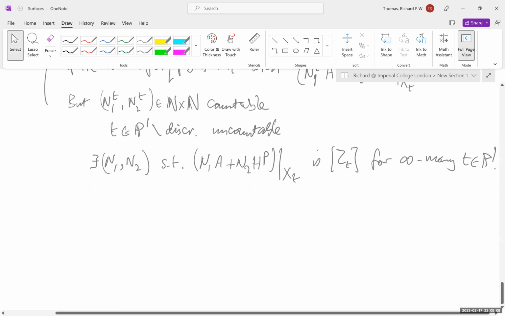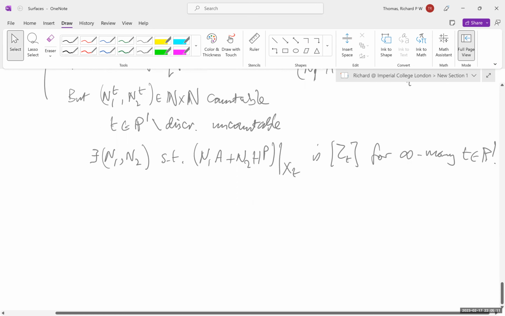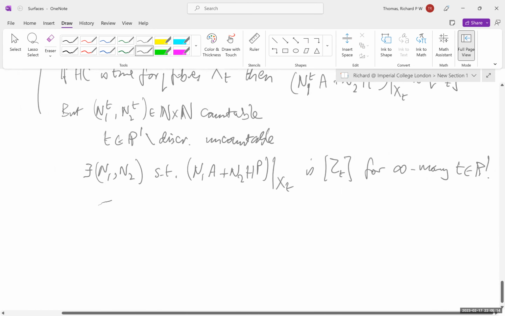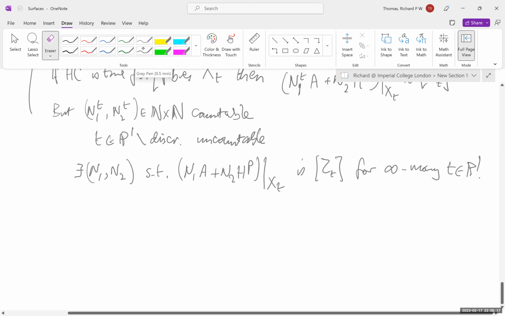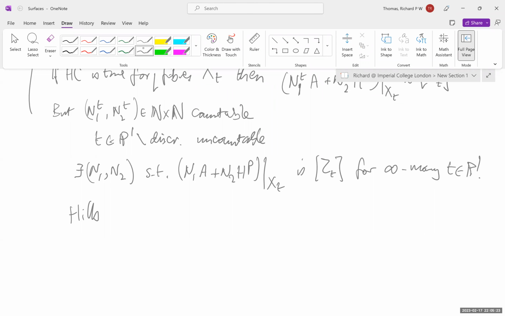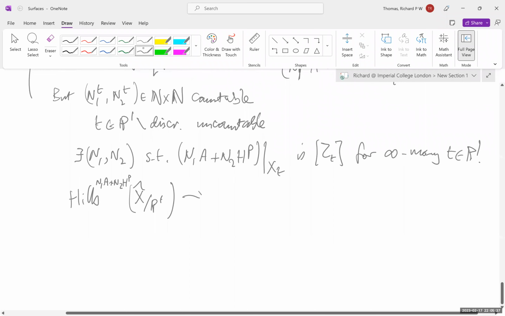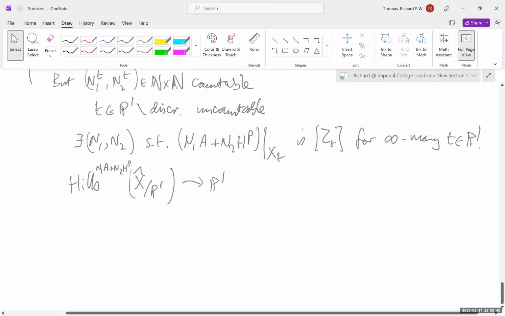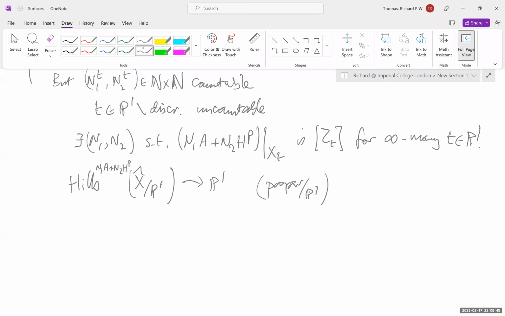Okay, and that's enough now, because everything's algebraic here, to say that if I form the relative Hilbert scheme, so the Hilbert scheme of the fibers of X hat over P1 in the class n1 a plus n2 h to the p, which is proper over P1, it's onto infinitely many points in P1, therefore it's onto P1.